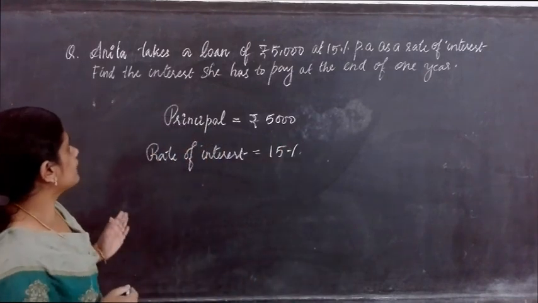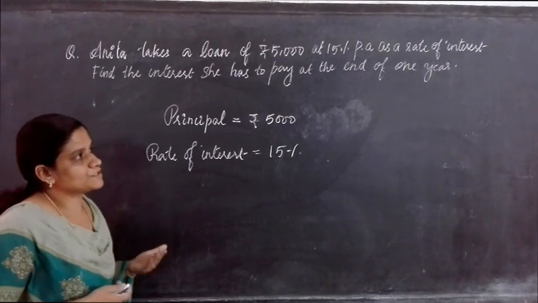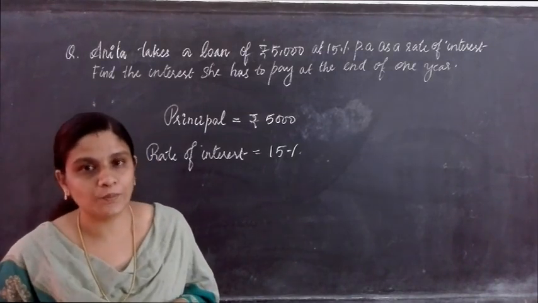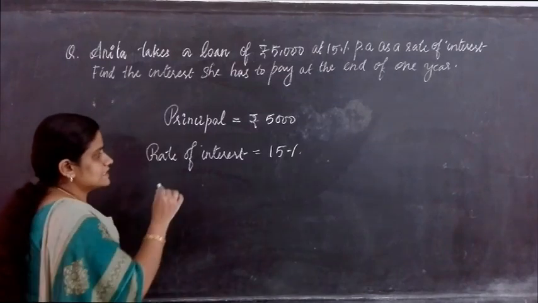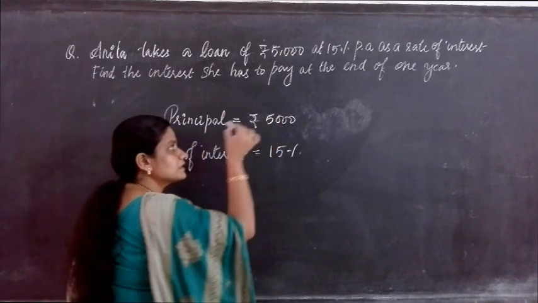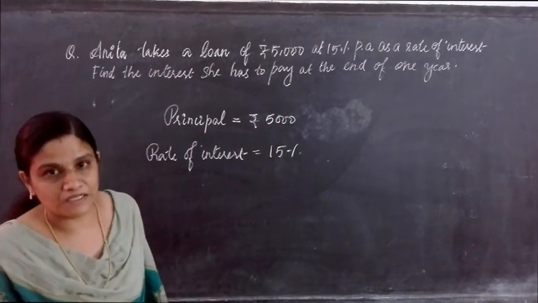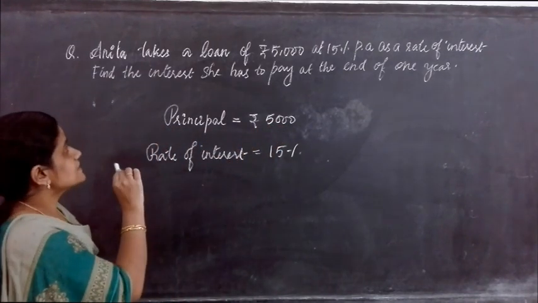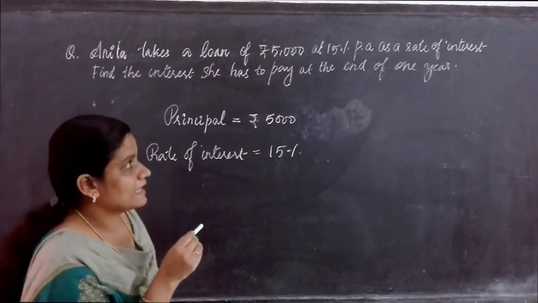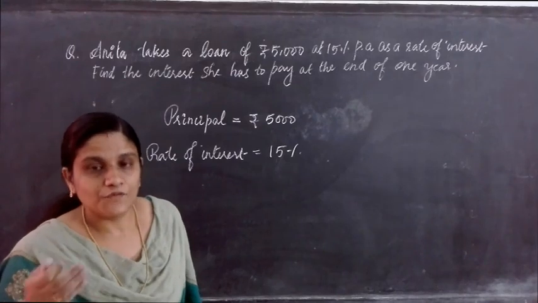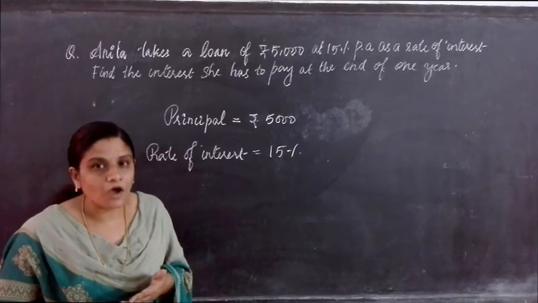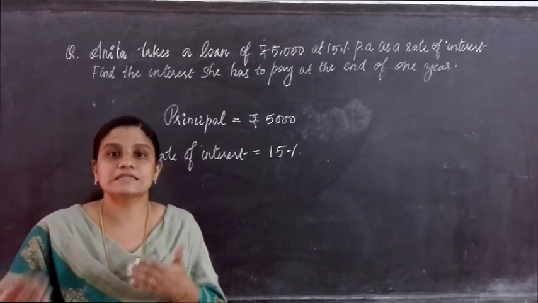So now we have to find the interest she has to pay at the end of 1 year. Which means, what is the extra money she has to pay? Which means she has to pay 15% of 5,000 as the extra money. You just see the question. Anita takes a loan of rupees 5,000 at 15% per annum as the rate of interest, which means she has to pay 15% of 5,000 as the interest.